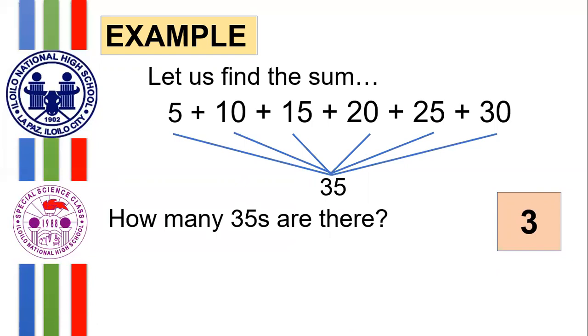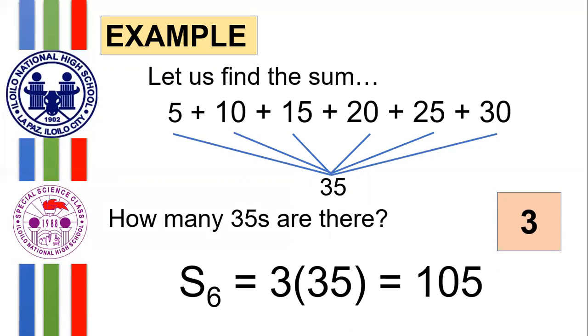And therefore, to get the sum of the 6 terms, S sub 6 is equal to 3 times 35 because you have 3 pairs of numbers that sum up to 35. And 3 times 35 is 105. Thus, S sub 6 of this is 105.